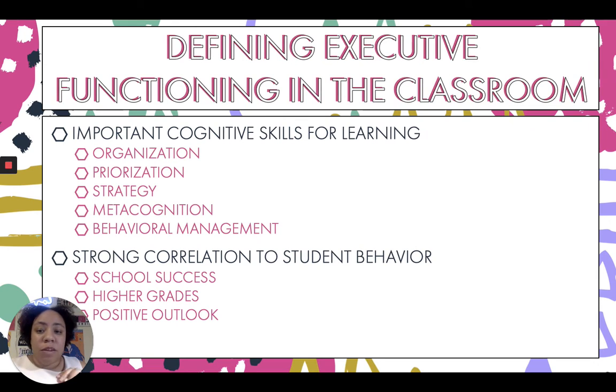Another important aspect of executive functioning skills is being able to plan for the future and set goals. When students feel success in school or in a particular area, they want to figure out how they can pursue that area outside of the classroom, which is great because they have a positive outlook on how they can utilize the skills that they learn in the classroom outside the classroom, and this also helps with motivation. The last thing is academic confidence.